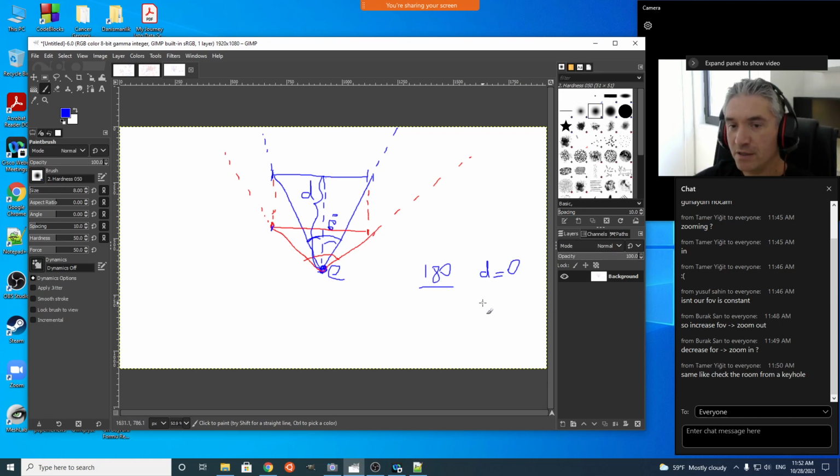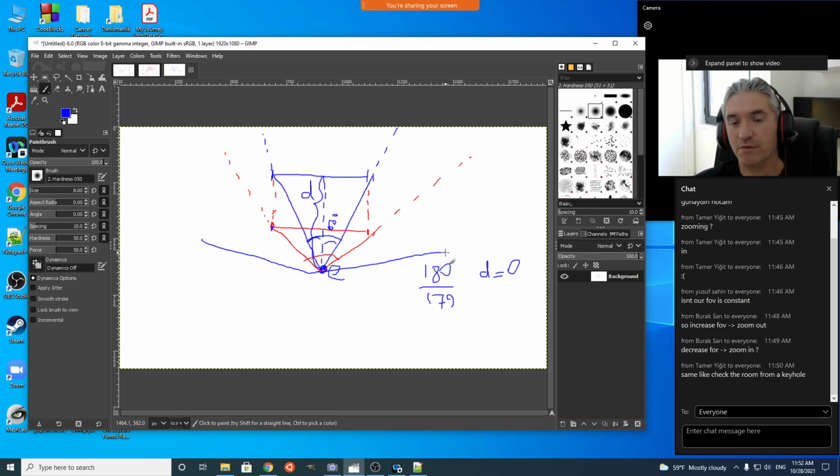Usually, even in OpenGL, for example, they don't allow this singular point parameter. They start the field of view at 179 degrees or so. We cannot have it exactly equal to 180, but even a 179 degree field of view angle sees the entire scene in one image, which makes it like fish eye viewing.